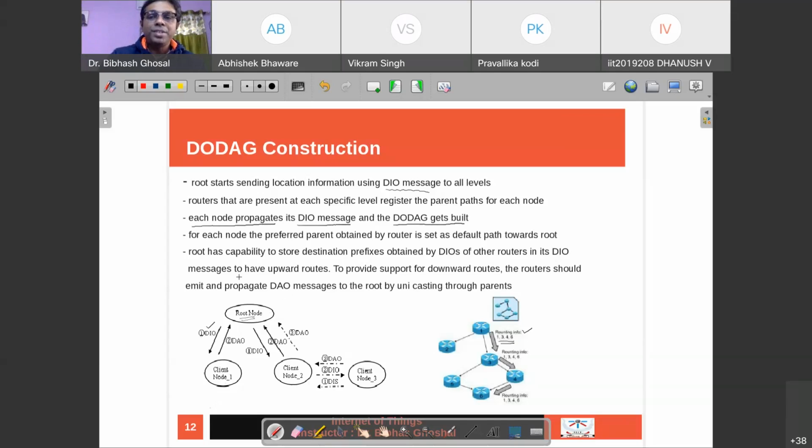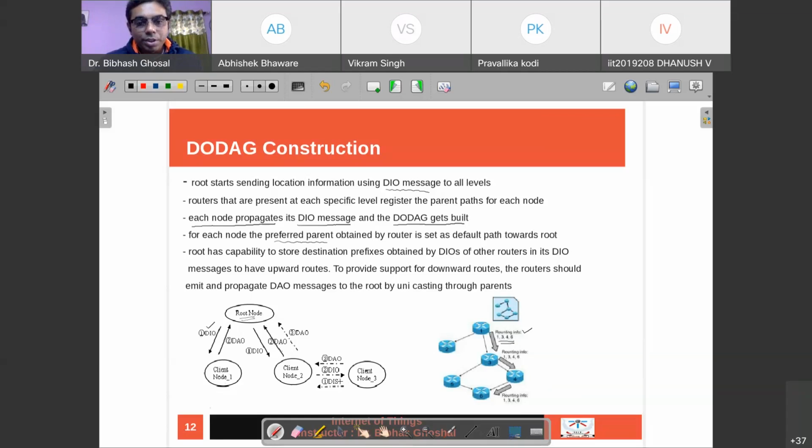Now, when a message comes to a router, it decides which is its preferred parent. And once the parent is decided, automatically the path to the root gets decided. So this is how basically you have your connection established. You see here, this is client node 3. That's not directly getting the DIO from the root.